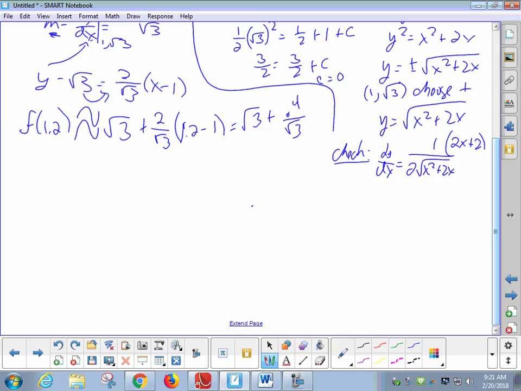Now, if I divide out the 2, that is x plus 1 over the root of x squared plus 2x. It says the derivative is supposed to be x plus 1 over y. Did I do the derivative wrong, or am I good? You're good because this is equal to y. That idea of sometimes substituting the original equation into the derivative happens. So we're good. That's the same.